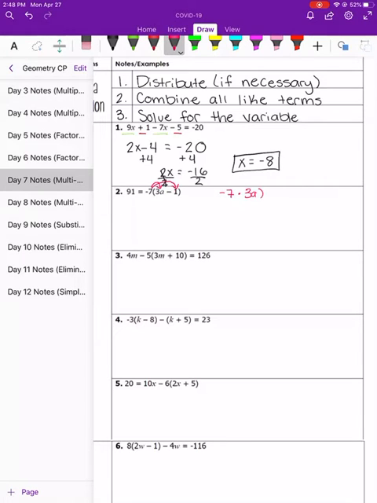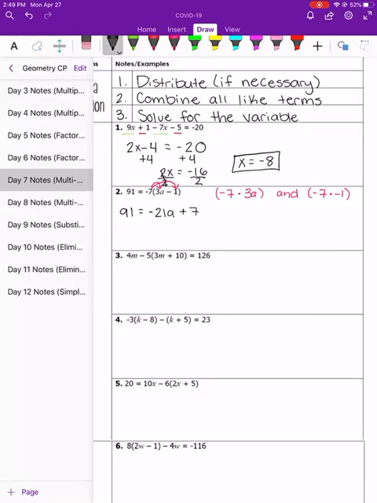So you have a negative 7 times a positive 3a, and we have a negative 7 times a negative 1. Okay. There's nothing to do on the left side, so I'm going to keep that as 91. Negative 7 times a positive 3a is a negative 21a. And then negative 7 times a negative 1 is a positive 7.